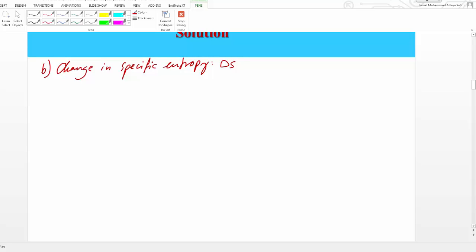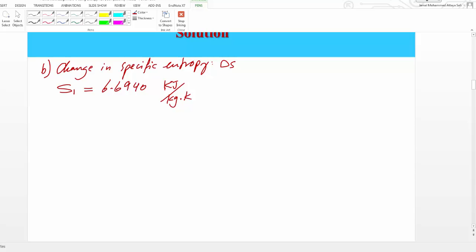Now again, both states are fully defined. So from the same table, I can also write S1, and that's kilojoule per kilogram Kelvin. Remember, that's the unit for entropy.